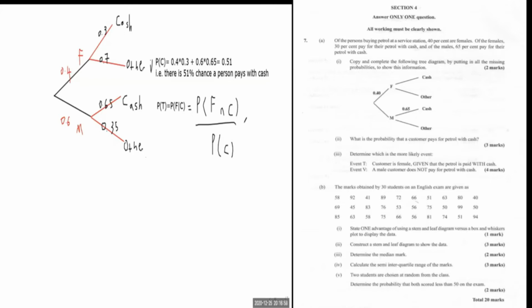The probability of being a female and paying with cash is 0.4 times 0.3, and that's now divided by the probability of a person in general paying with cash, which is 0.51.